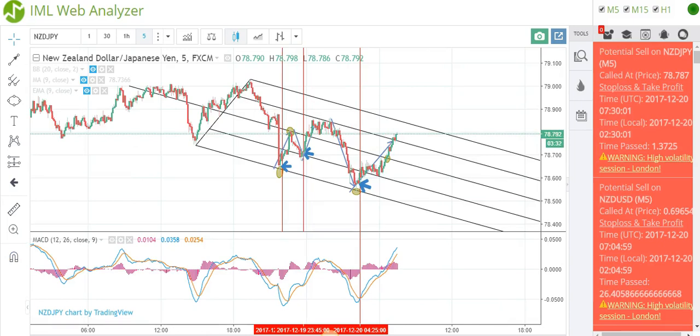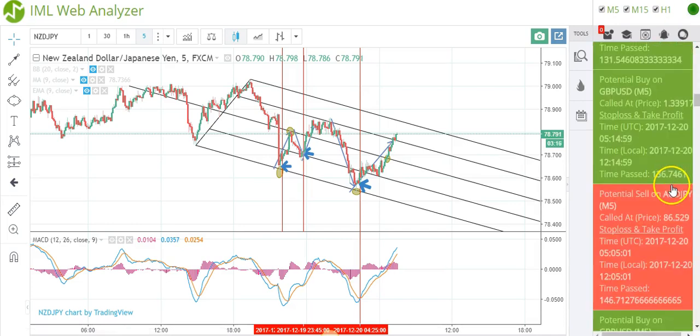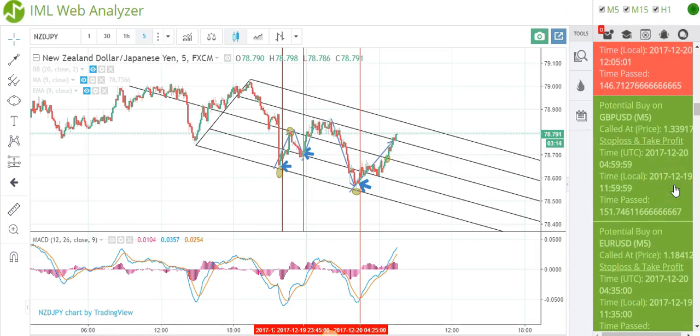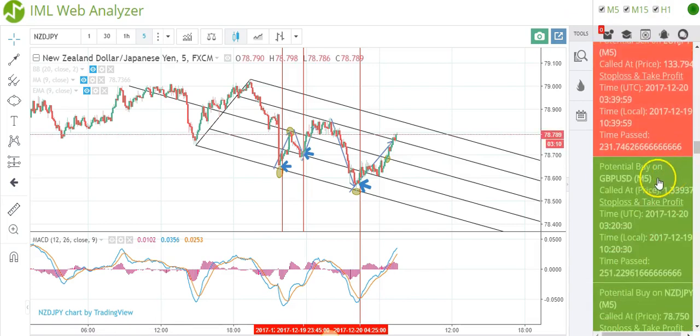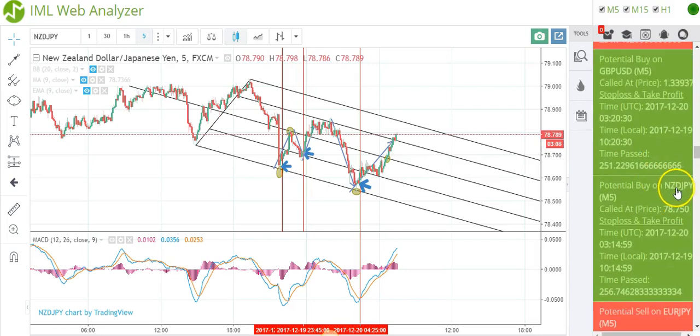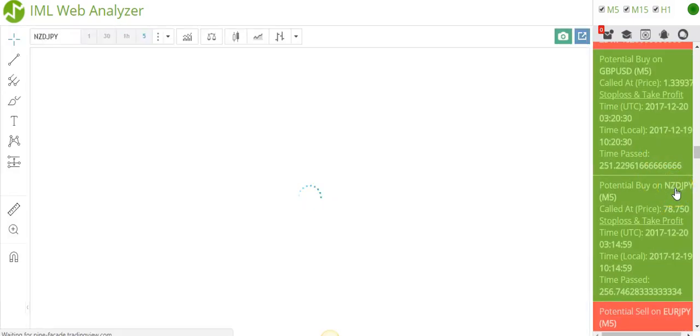But I wanted to show you this NZD JPY trade that was called. You're going to see the power in this IML web analyzer and this pitchfork strategy. I'm going to clear my screen because I'm going to draw it up for you guys. It might take a little time, so bear with me, but I believe you're going to love this strategy and love the web analyzer even more.